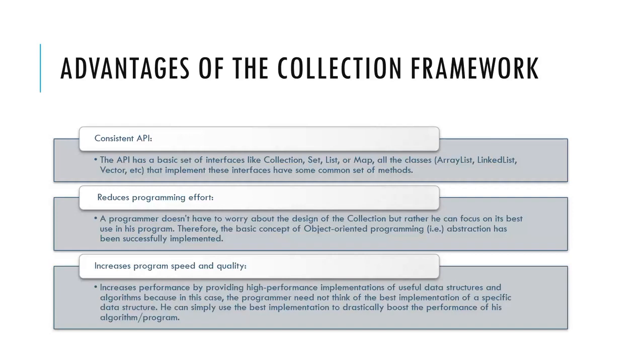Using the Collection and Iterable interfaces, you can create universal methods or classes, so you can reuse your code. It reduces programming effort and increases program speed and quality, because you will not repeat yourself when working with collections.